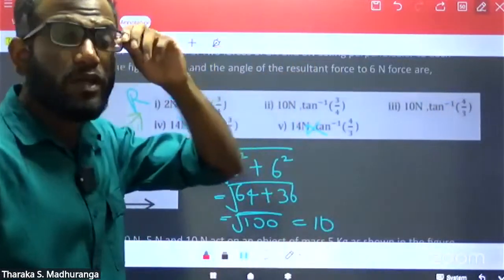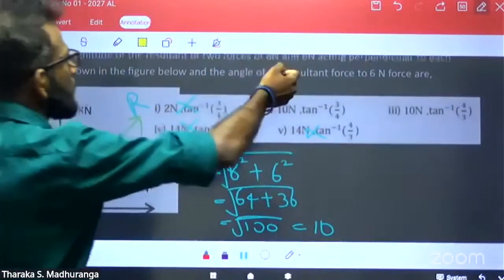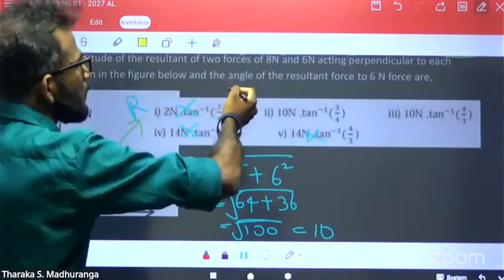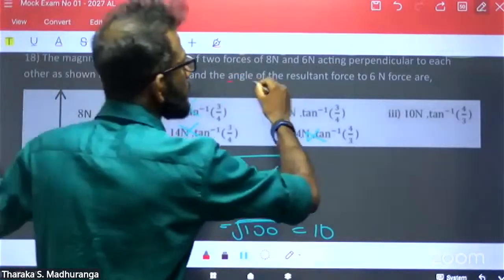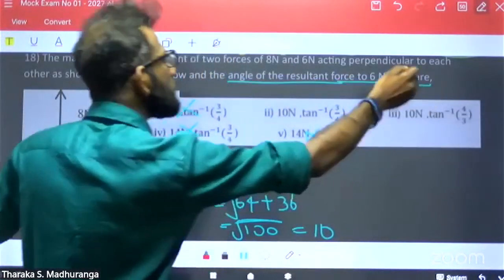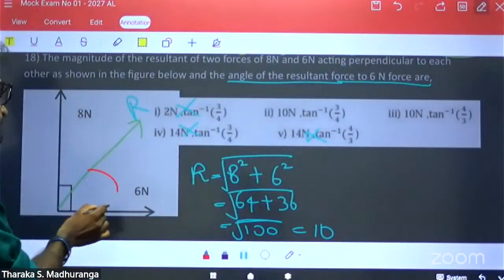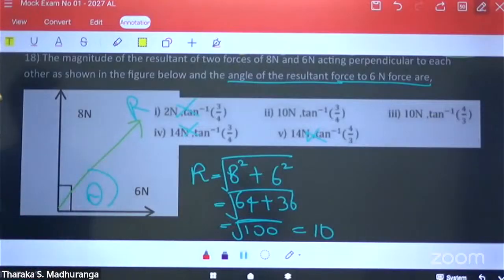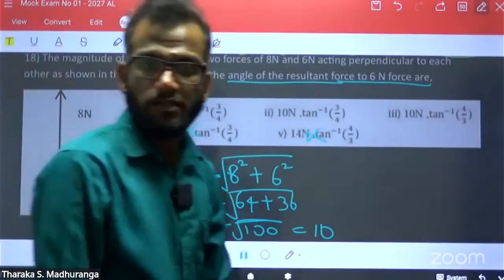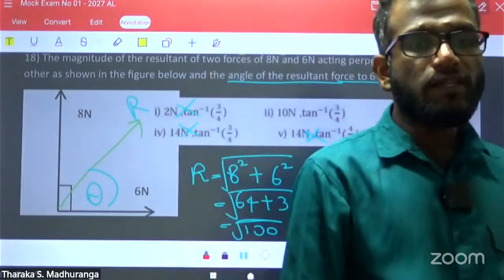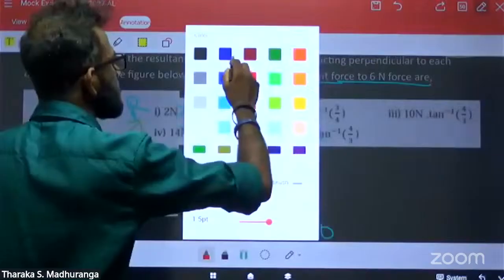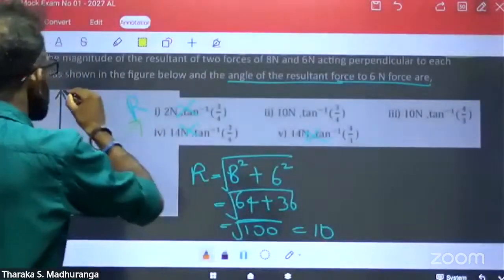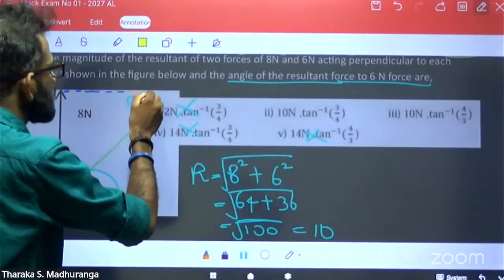Now the second one asks the angle of the resultant force to the 6 Newton force. That is this theta. How do we get the theta? I told you about this type of question. We need to think of this system as a rectangle, as I explained in the lesson.